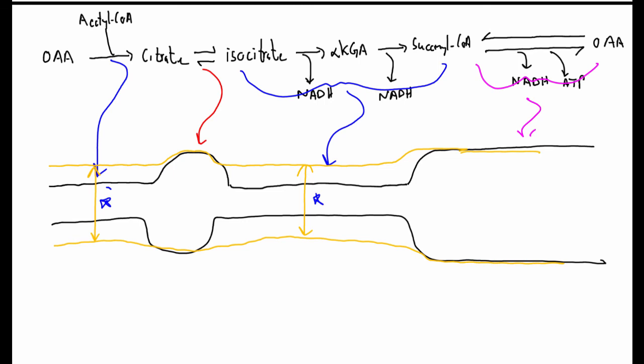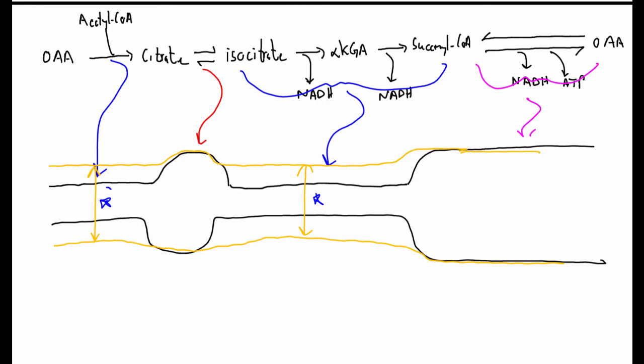in order to maintain those steady states. Now, in our next one, it says, what would happen if you were to inhibit the electron transport chain, which is the main user of NADH? Well, if you take away one of the main users of NADH, that means that NADH levels are all of a sudden going to start to rise. And if NADH levels start to rise, then you're going to get a decrease in the flux of the citric acid cycle because NADH is an inhibitor of that pathway.